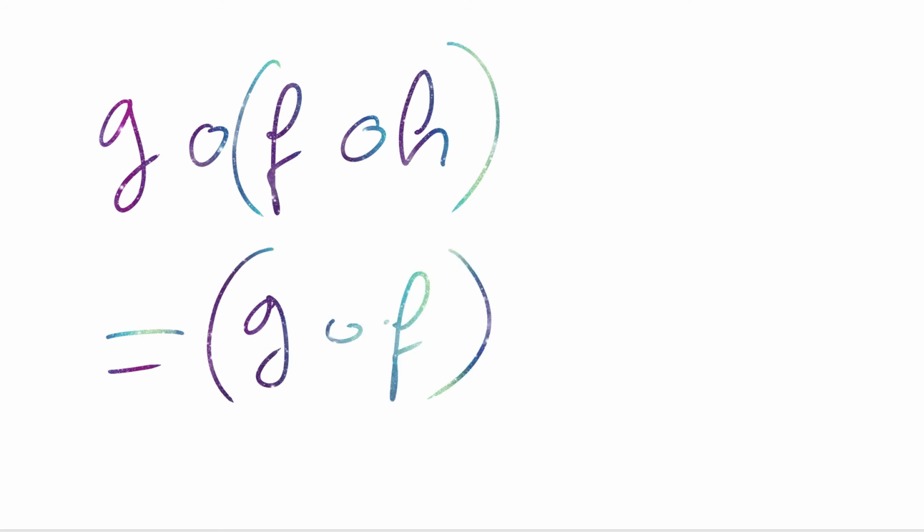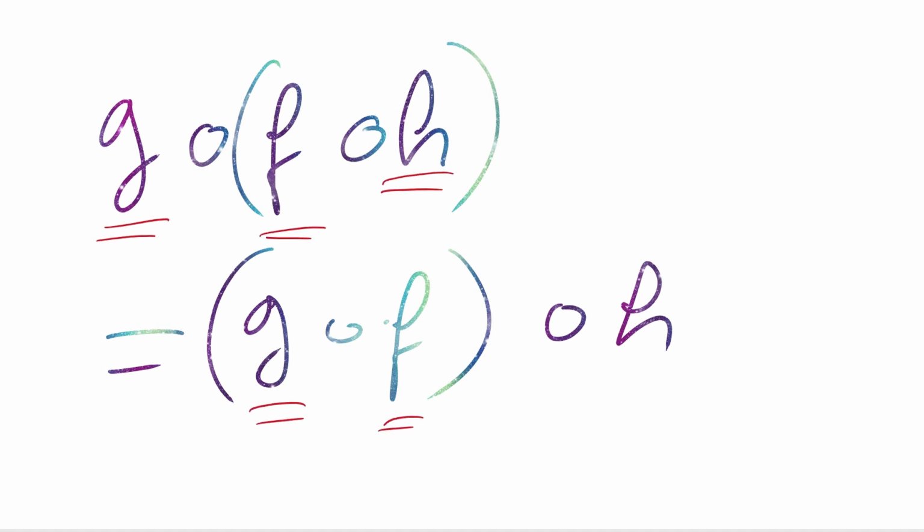You can see that what happened is I just changed the way the parentheses look, but the order of expression is still the same. g is still the first here, f still the second, and h is still the third. So that's important also.